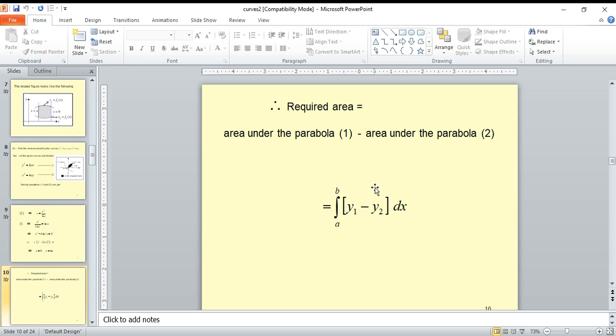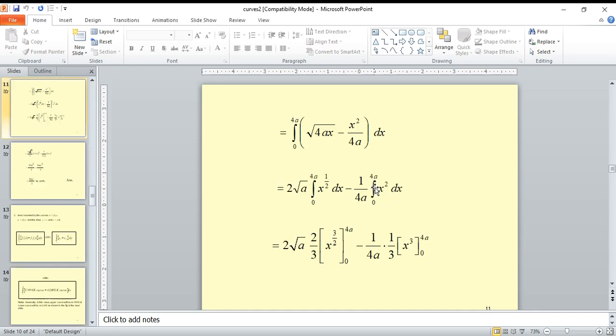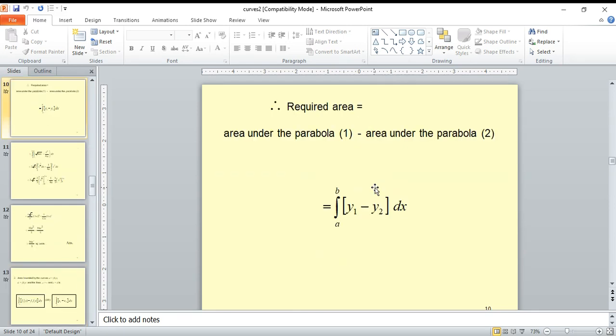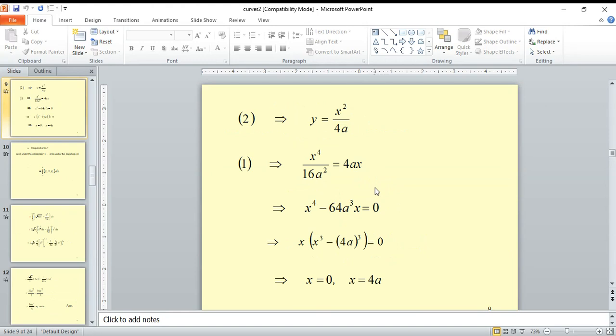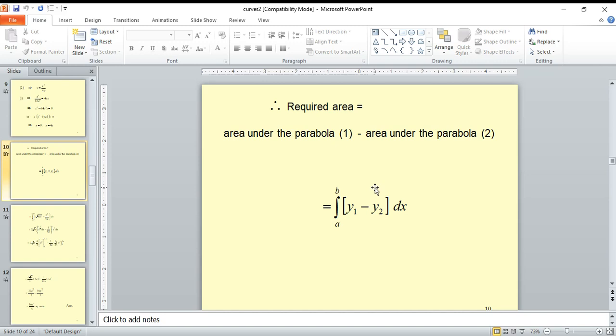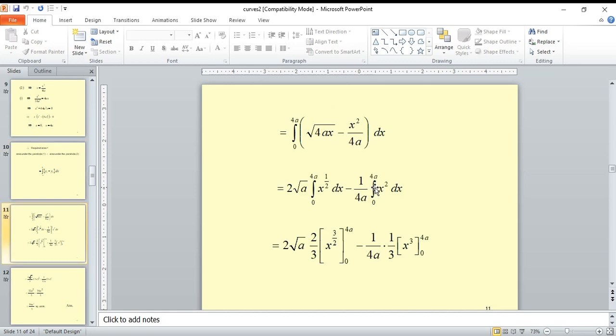Required area is area under the parabola 1 minus area under the parabola 2. That equal to integration a to b y1 minus y2 dx. Here lower limit is 0, upper limit is 4a, required area. So first from equation 1, y equal to under root of 4ax.